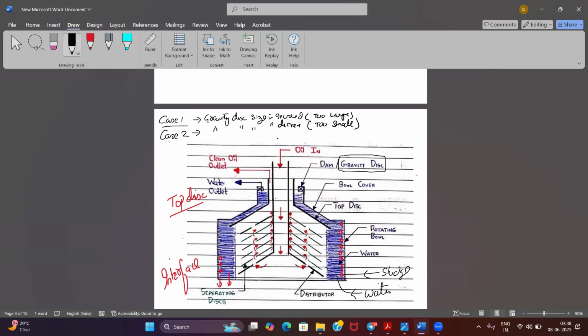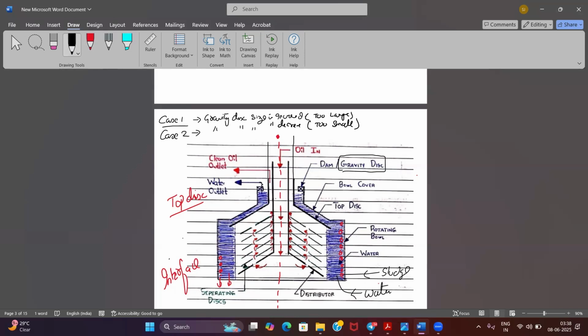So if I take a center line from here, this will become my center line of the purifier. This is the clean oil outlet line.